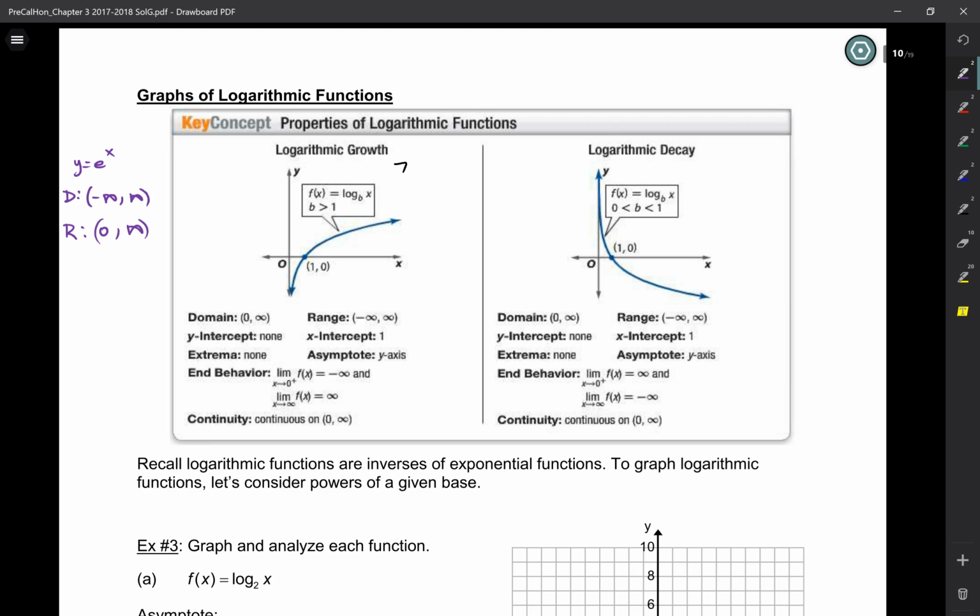Well, the logarithm has a vertical asymptote. And so if we have y equals ln of x, the domain is now 0 to infinity, and the range is all reals. Okay, that's why I was stressing that yesterday, okay?